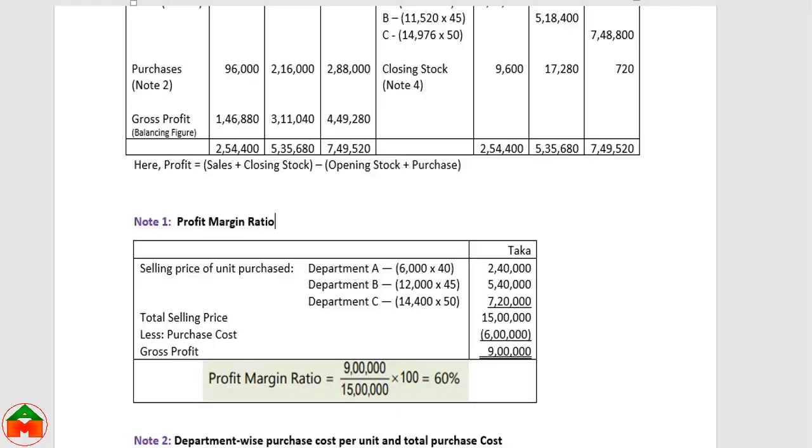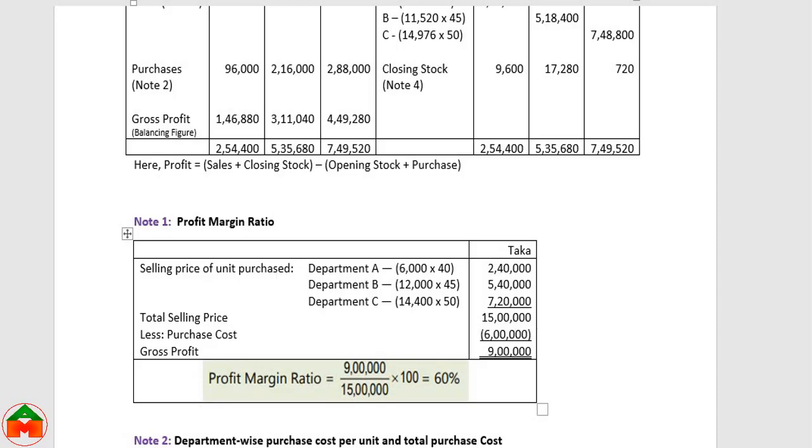Why? To get the selling price of units purchased. After multiplying, Department A's value is 2,40,000, Department B 5,40,000, Department C 7,20,000, total 15 lakh. What is it? It is the value of the selling price of units purchased.